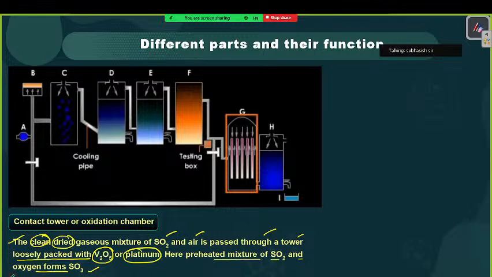In this tower, sulfur dioxide reacts with air or oxygen with the formation of sulfur trioxide, in the presence of vanadium pentoxide catalyst, at a temperature of around 450 degrees Celsius and pressure of around 1 to 2 atmospheres.